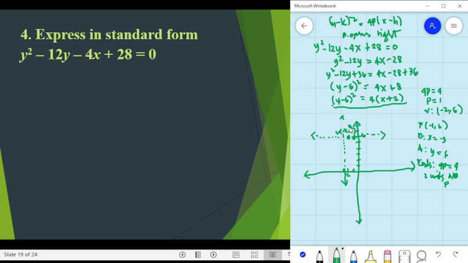So, your ends, one is -1, 8, since it is 2 above the focus, and below it is 2 as well. We have -1, 4. Right? So, that is it.